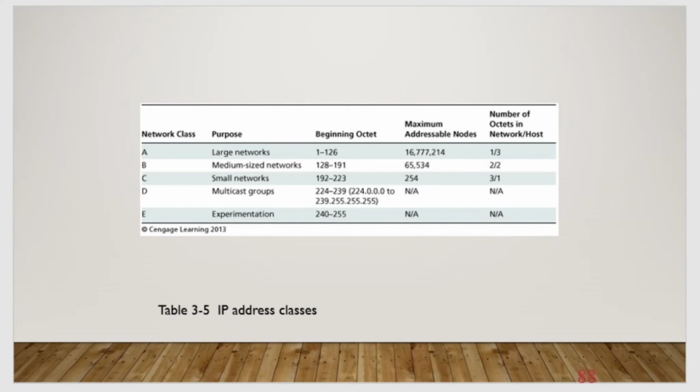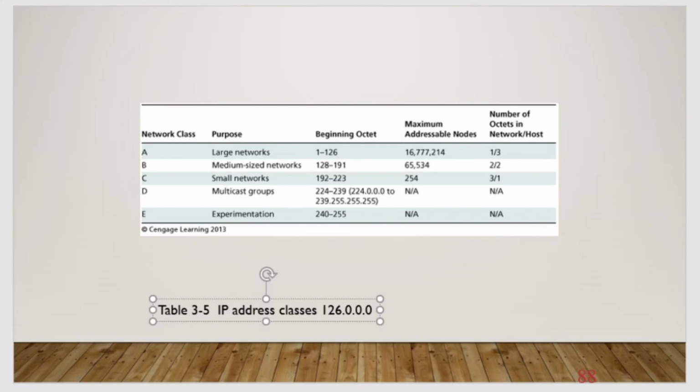Ngayon, yung number of octets in the network host or ID, magbibigay akong example. So, dito ko na lang siguro itatype. For example, magbigay tayo example ng class A. So, 1 ang start. Sige, 126 na lang para sure sagad natin. 126.0.0.0. Ayan, para basic.